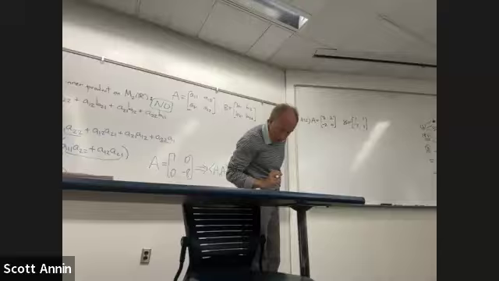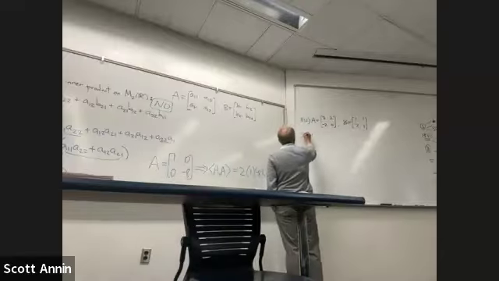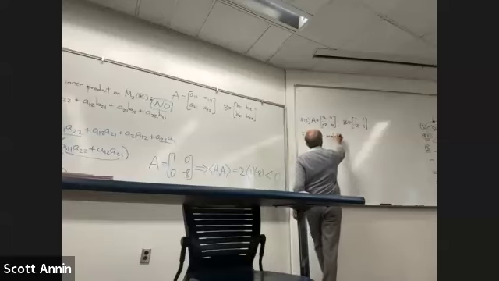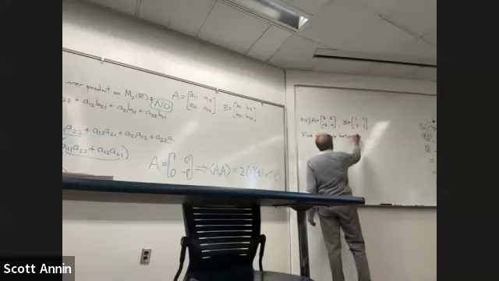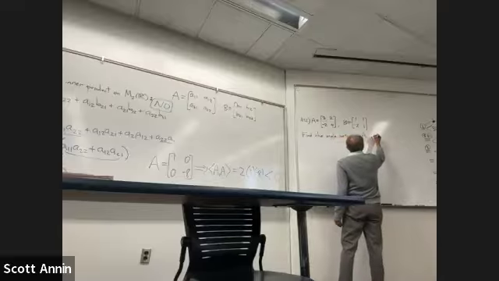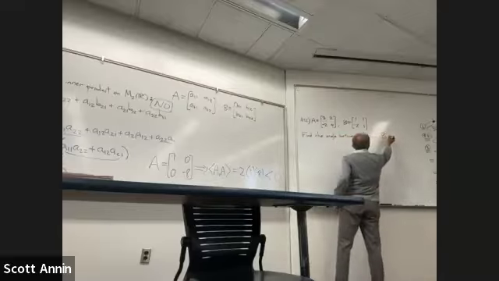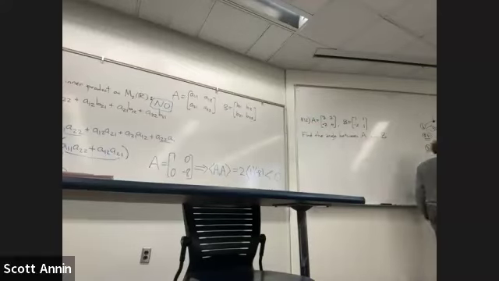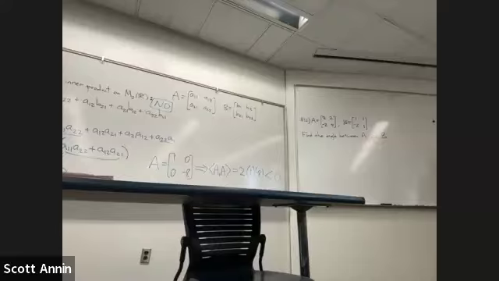And they ask you to find the angle between A and B. Find the angle. So this is the idea of doing a little bit of geometry in this inner product space. Find the angle.